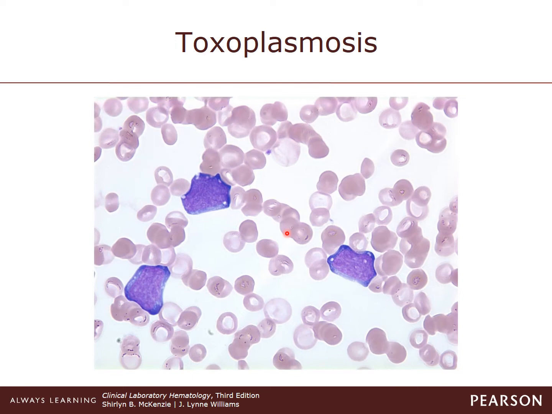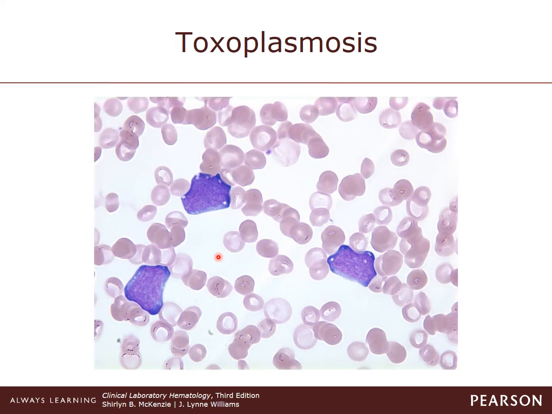So you really have to distinguish this morphologically from infectious mono. Here you will have a negative heterophile antibody test, and you will need a specific serological test for Toxoplasma gondii for diagnosis.